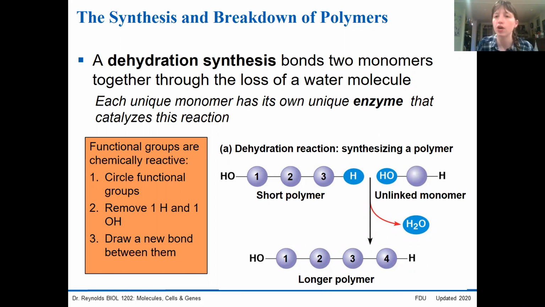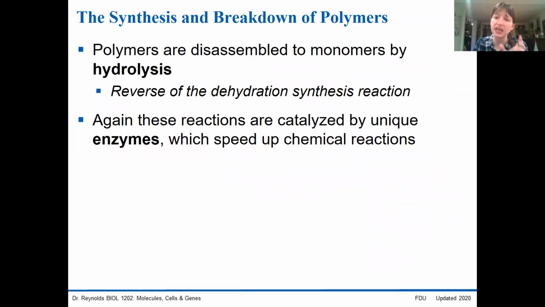So if you were to go through and try to identify and draw this interaction, you would need to start by identifying the functional groups in your monomers. And once you've identified that, you would subtract 2 hydrogens and an oxygen and then draw a new bond between the remaining components.